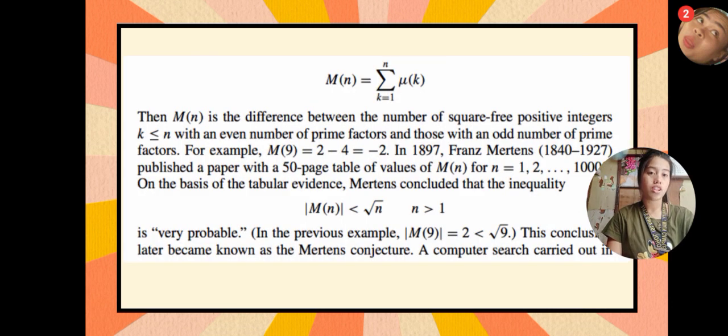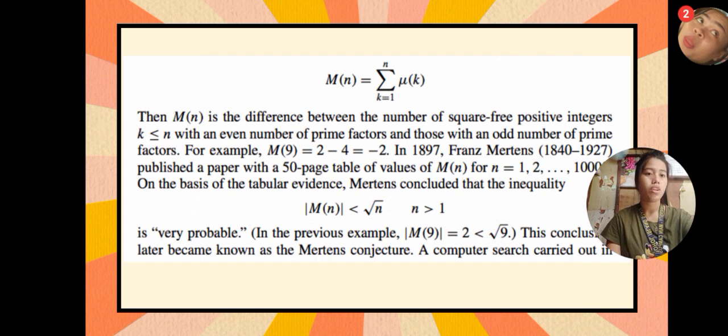For n greater than or equal to 1, M(n) is equal to the summation of μ(k) for k from 1 to n. Then M(n) is the difference between the number of square-free positive integers k less than or equal to n with an even number of prime factors and those with an odd number of prime factors.